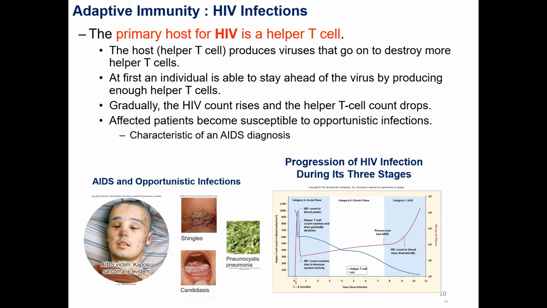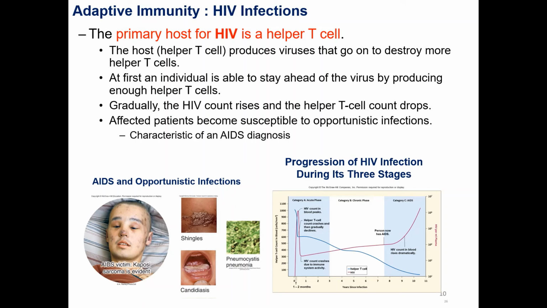Meanwhile, the helper T cell also tells the cytotoxic T cell to destroy the pathogen from inside the body, which is cancer cells or virus infected cells. If something happens to the helper T cell, it means our third line of defense cannot protect the body at all.